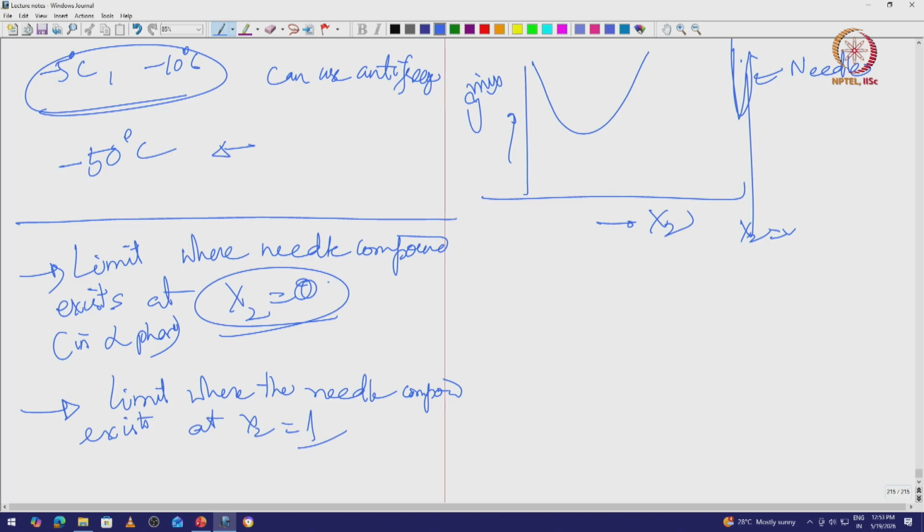This is the alpha phase and this is the needle phase, or beta phase. Beta is the needle phase. Now, the problem that I am going to discuss as a case study is how can I get vacancies in a solid?